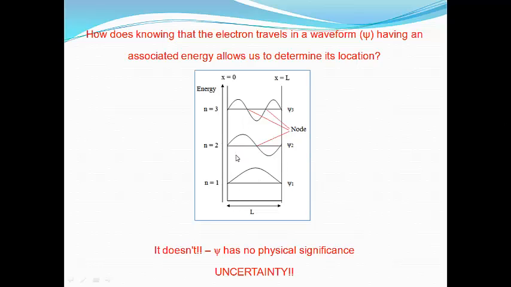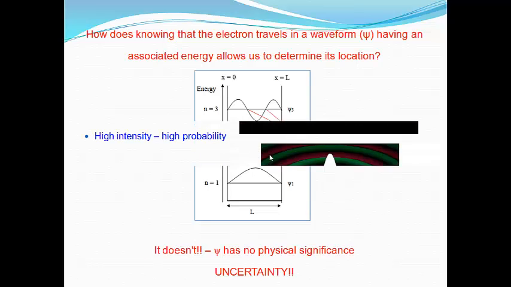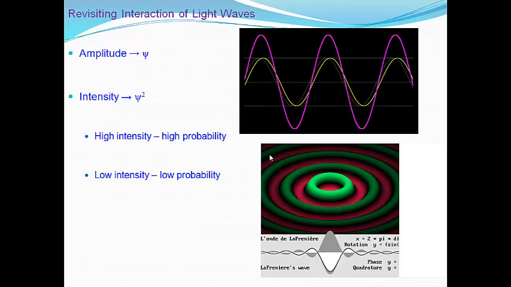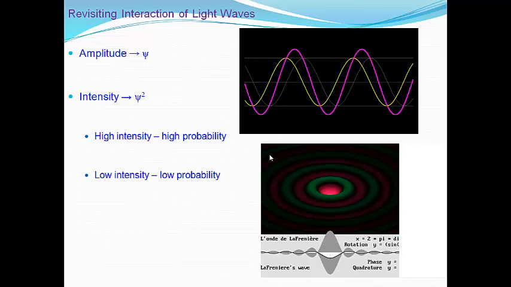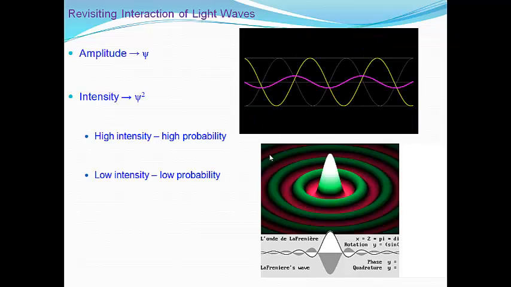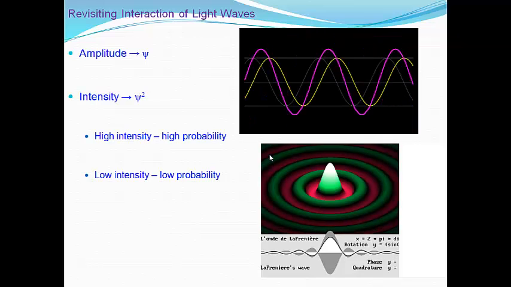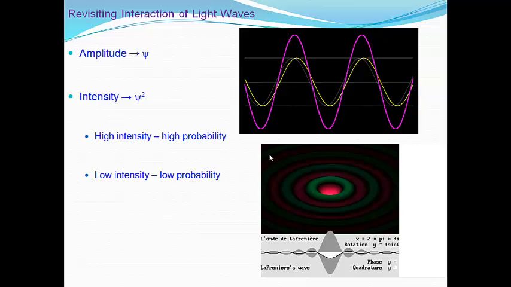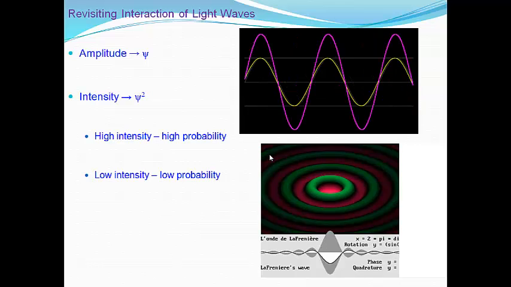Alright, as I said before, for a particular wave function, the location could be here, could be here, could be here, but we have a sense of where it is or where it can be, but we don't know definitively. And so we need to utilize our understanding of what the wave function tells us about the electron's motion, to see if we can get a better picture of where the electron is.